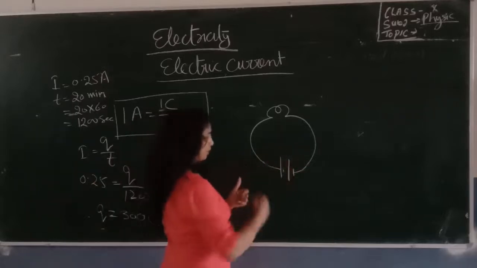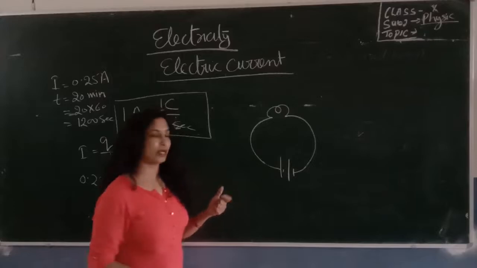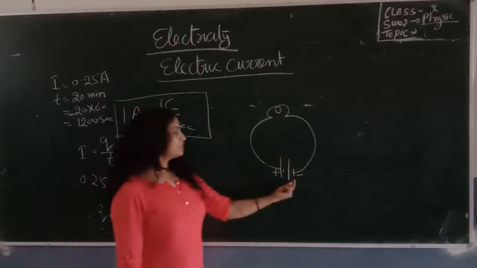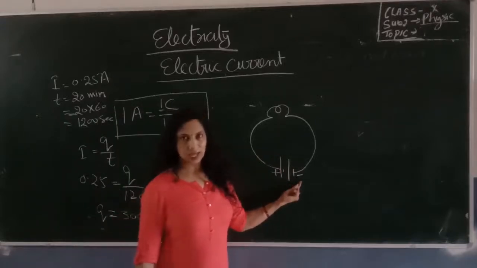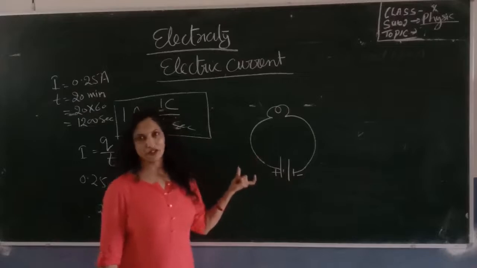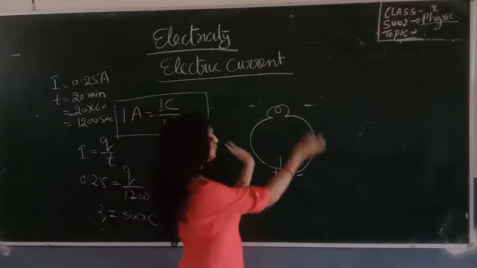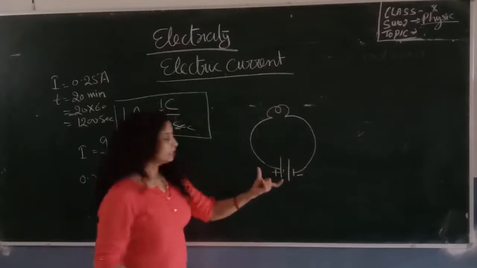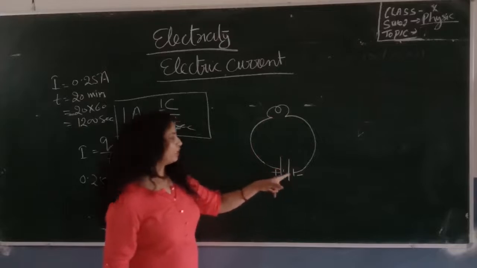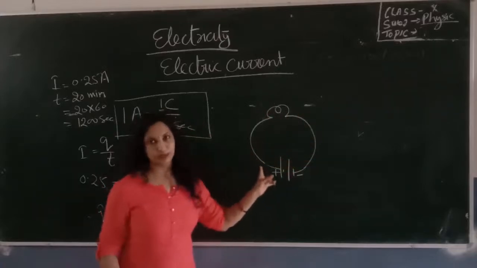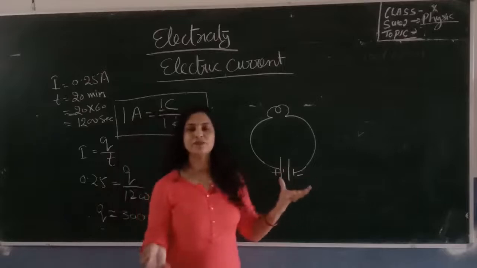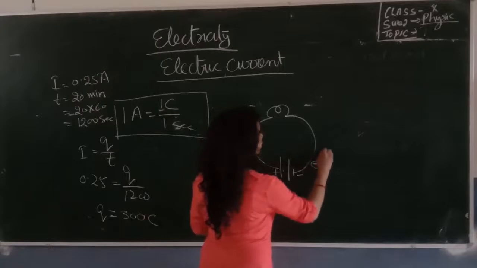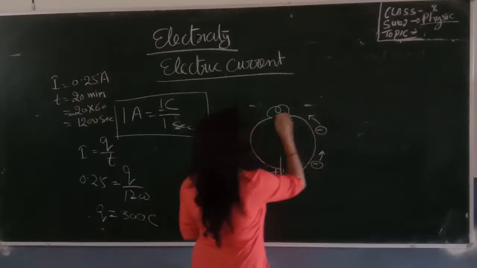So suppose this is a battery. A combination of cells is called a battery. This is the positive and this is the negative terminal. Now we know that the negative terminal contains lots of free electrons and the positive terminal lacks them. So the electrons will start flowing from the negative terminal towards the positive terminal.